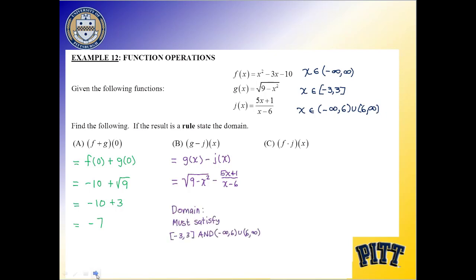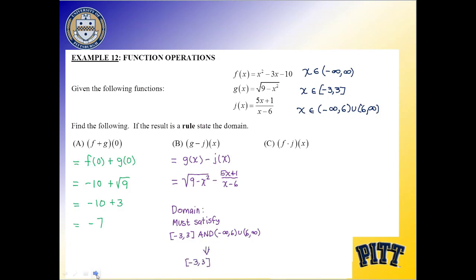Here, the domain must satisfy being between negative 3 and 3 and all real numbers except 6. If I'm only taking values between negative 3 and 3, that means that 6 is automatically excluded, so I don't really have to do anything different. If I satisfy g's domain, I already satisfy j's. And that's why the domain is negative 3 to 3.